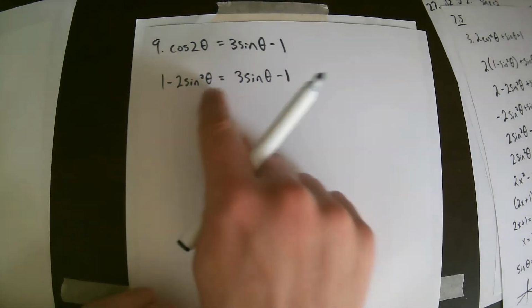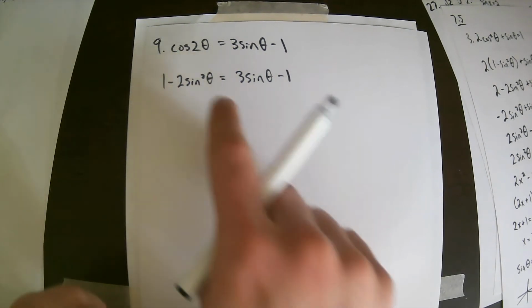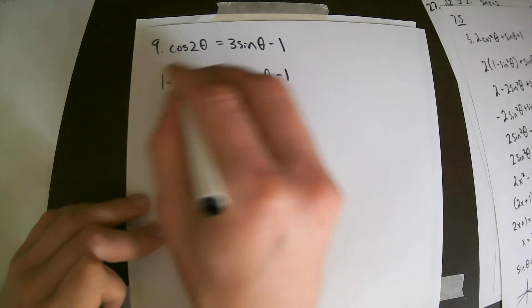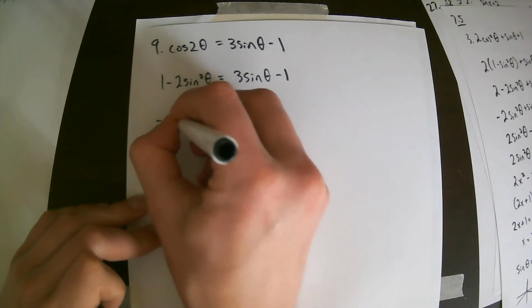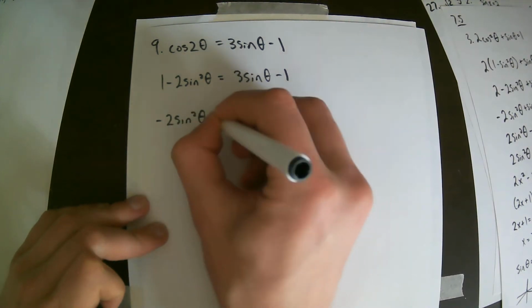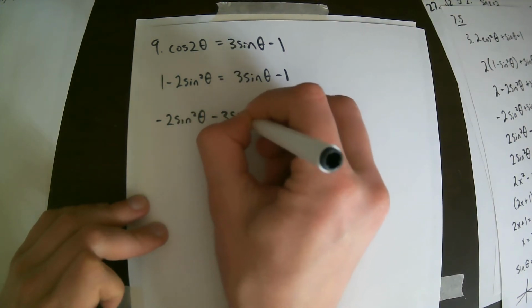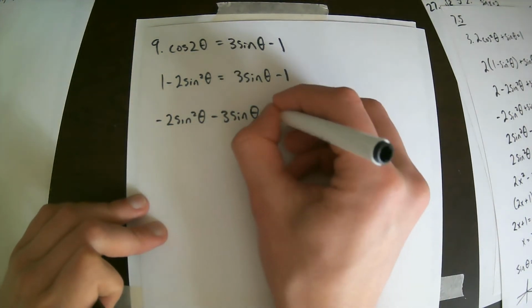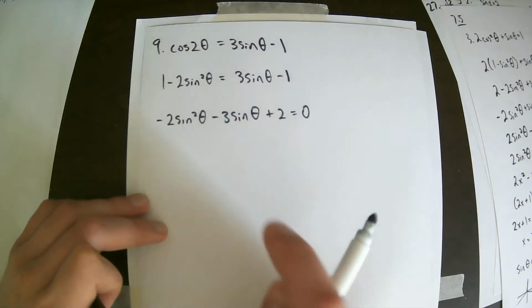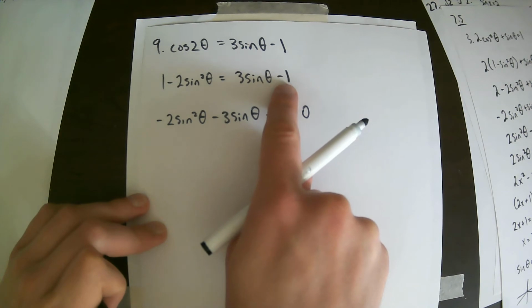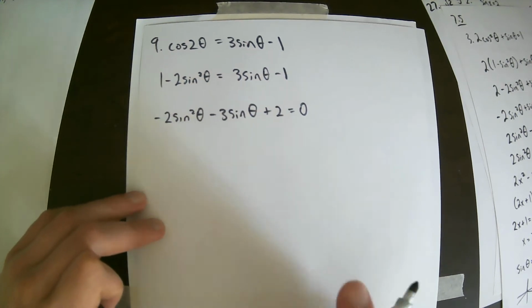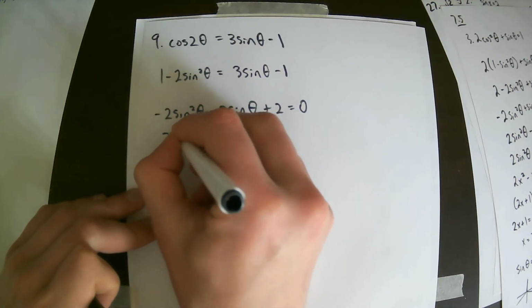Now I have an equation just in sine and sine squared, so I can reorder this, get it all on one side. So subtracting 3 sine theta over, and then adding this 1 over, and now I'll divide by a negative.